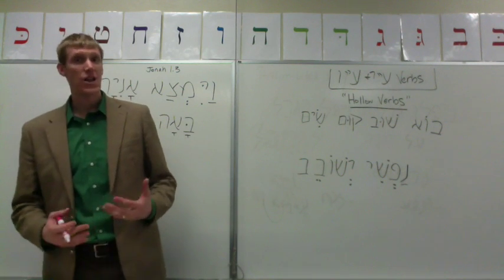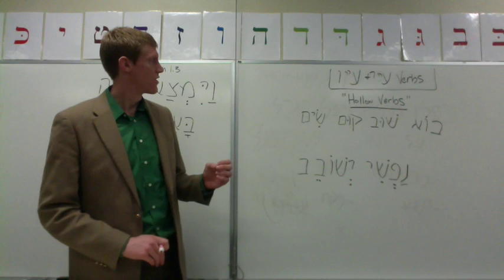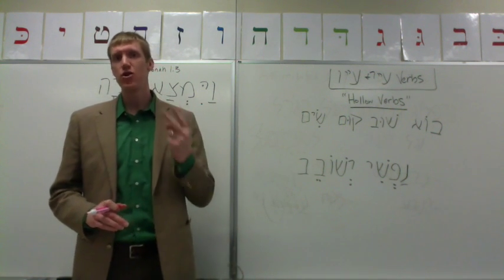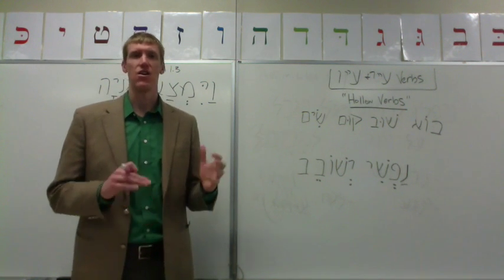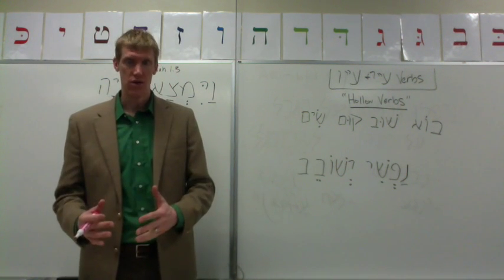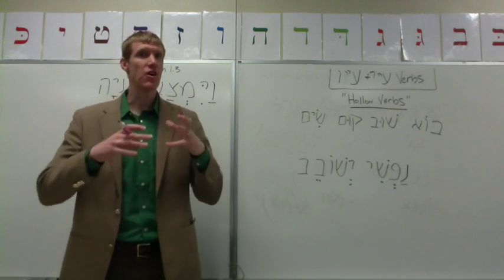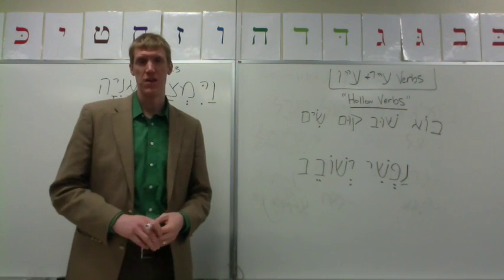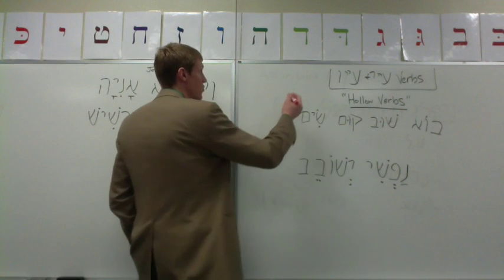They're called hollow because they really technically only have two root consonants. The third root consonant is a consonantal vowel, and so it sort of appears and functions sometimes as a consonant, but it's actually a vowel. And it can be one of three.